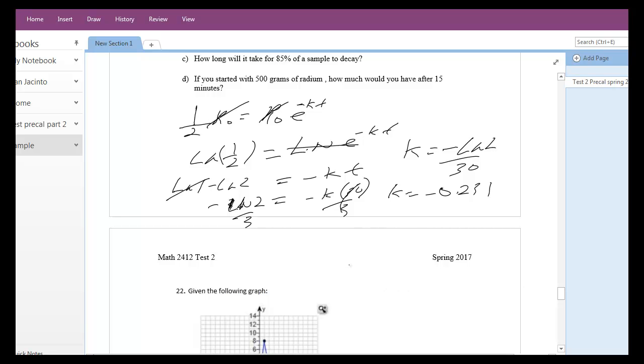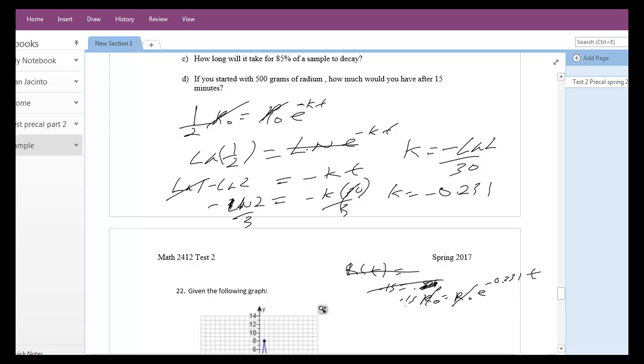It says r of t equals, I want 85% to disappear, so I have 0.15 left. Start off with r naught. So I get 0.15 r naught equals r naught e to the minus 0.231 t. Solve for time. The r naughts cancel, right?